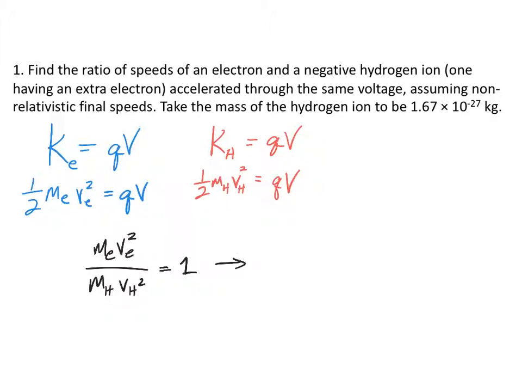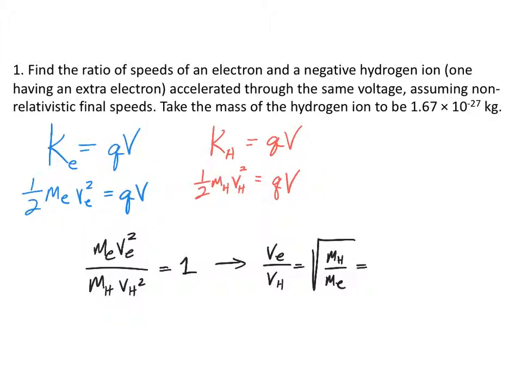And so this means that our ratio of electron speed to the hydrogen speed is just going to be the square root, and everything gets flipped over. It all washes out, just a number, that's all we're looking for.